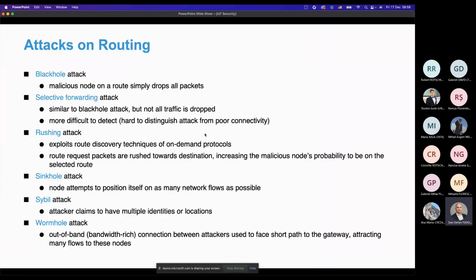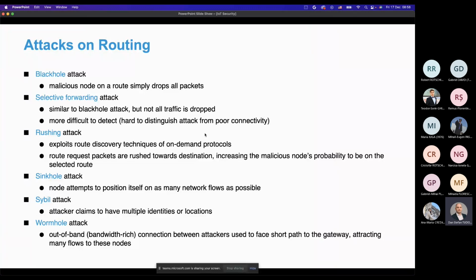Rushing attack on a sensor network usually exploits the nature of the route discovery procedure on an on-demand routing protocol. In this type of attack, a malicious node immediately forwards incoming route request messages to its neighbors.